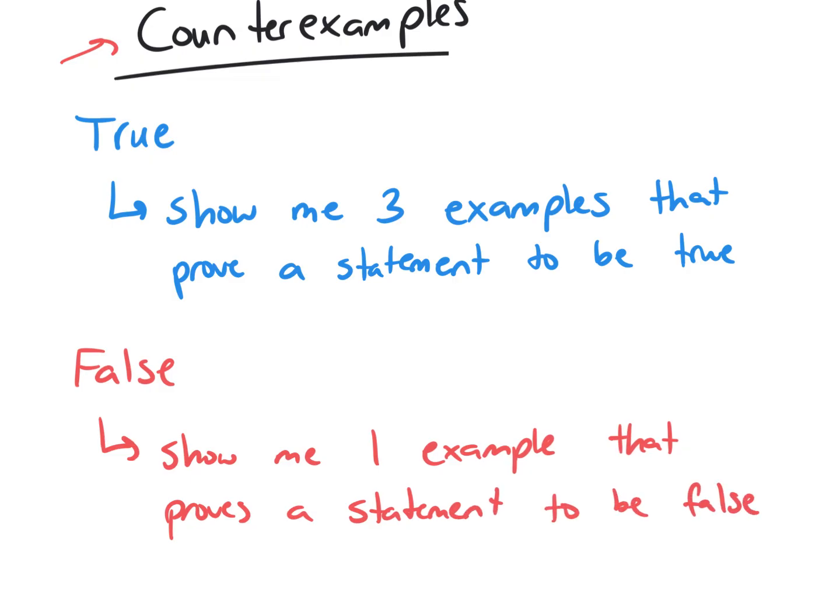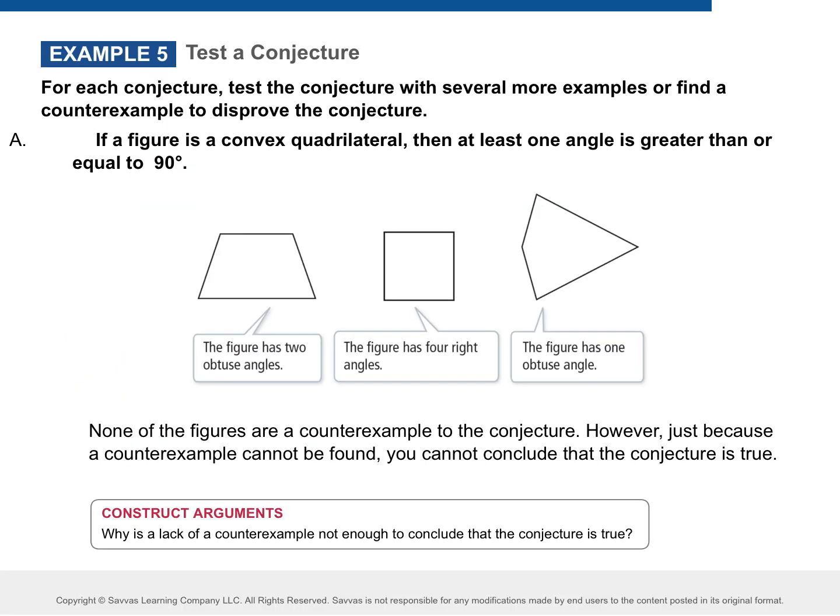Because if you already tell me that a statement's false, do you need to keep proving that to me, or is one example enough? If you're trying to prove something to be true and you just tell me one thing, can I still question if other things would work? Yes, so that's why I need more for the true. So that brings us to example 5, and I'll get started.